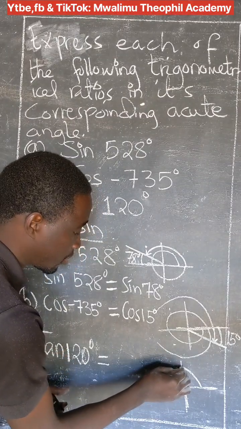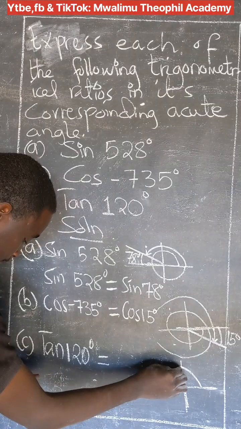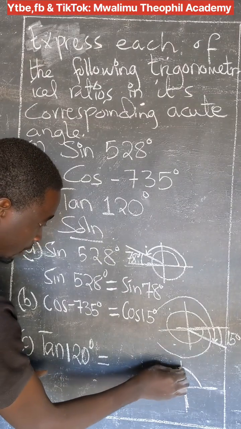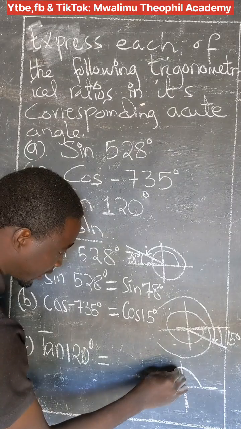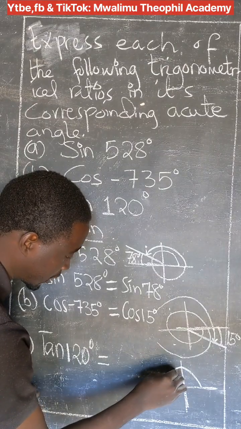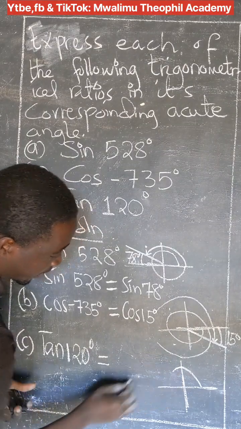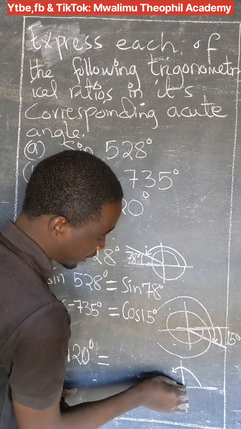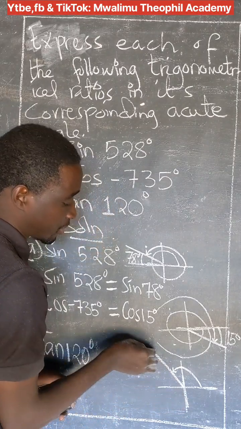Now we add 30 to get 120, approximately here. After we have reached our given angle, we put a line here this way.